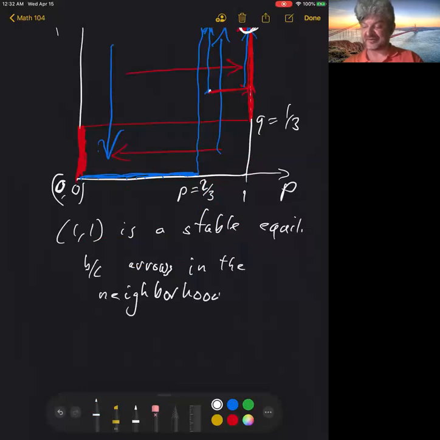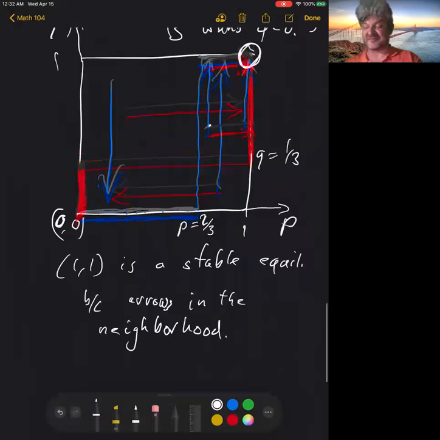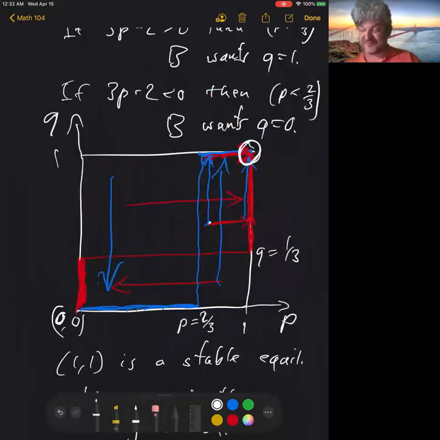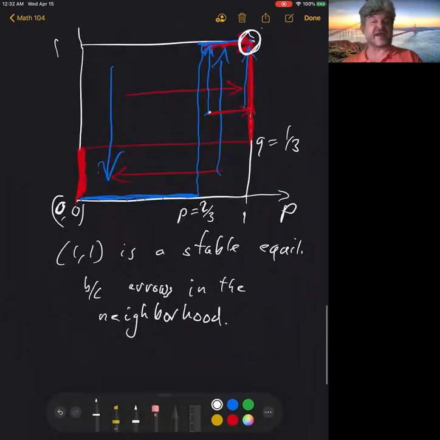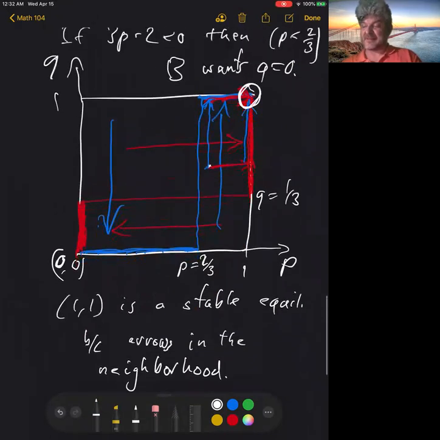The arrows that are close by. There are arrows that are far away, which point away from it, but that doesn't matter. Close by, the arrows point towards it. So both friends are happiest there than at any point in the neighborhood. If anybody changes their decision by accident, just by a little bit, they will come right back to this decision 1, 1, where they both choose the action movie.